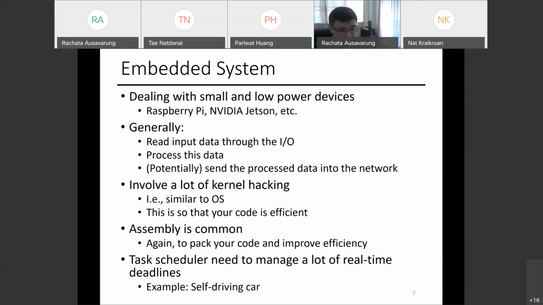Definitely before the time I can hit the brake. Otherwise, it's either you die or that person die or both, right? It involves a lot of dangerous situation that you have to make sure you never miss the deadline. So this is a big topic in embedded system.